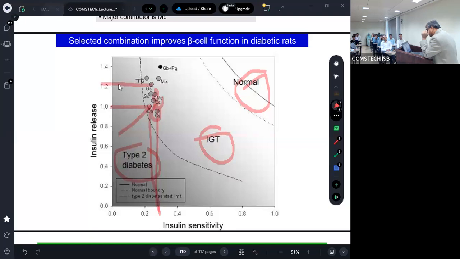Compared with glibenclamide and pioglitazone, our mixture increases both insulin release and insulin sensitivity.